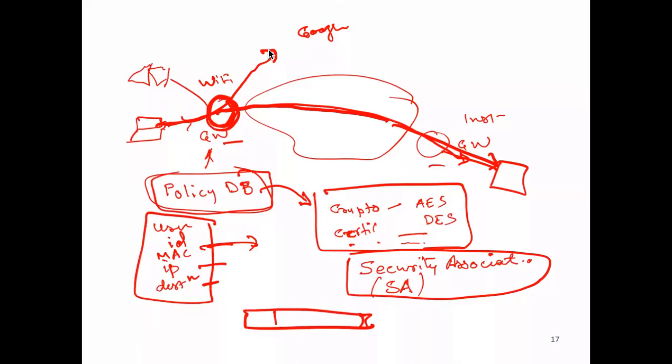From the security association, you will find out you are using AES. AES means we have to encrypt this part. The question is, where is the key? A key would have been generated and kept somewhere, so it will also be part of this association information.